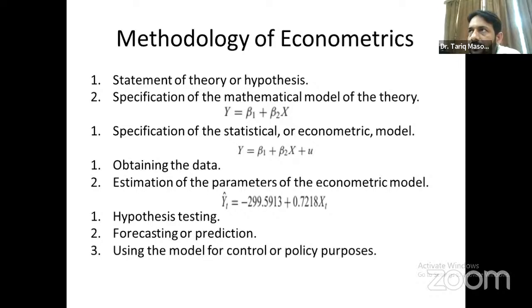So first, for our problem, we resort to any particular theory, and by using that theory, we derive some hypothesis. Like, as I said, suppose our problem is to find the impact of income on consumption.